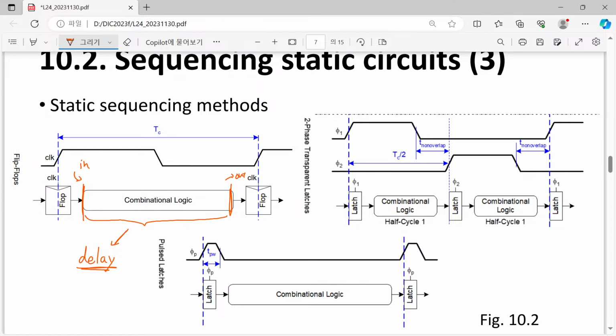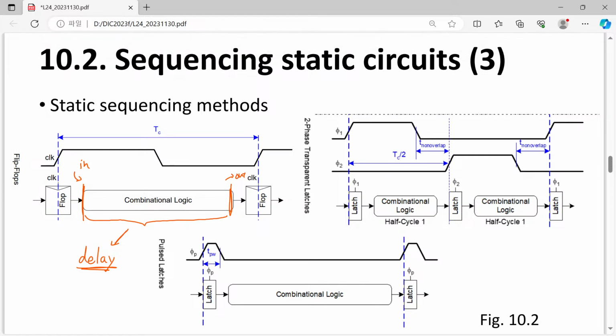We wanted to minimize the time between the output time and the input time. If this is short, then we can calculate our logical function quite fast. However, they should be synchronized.